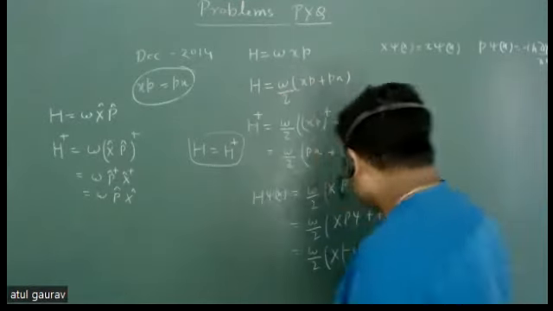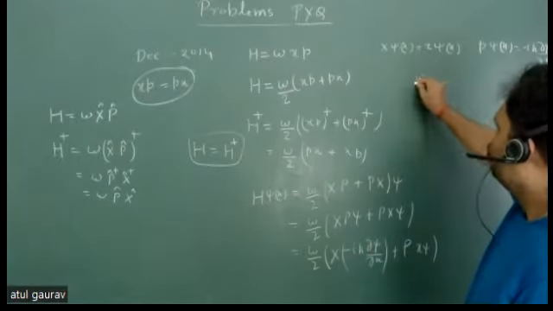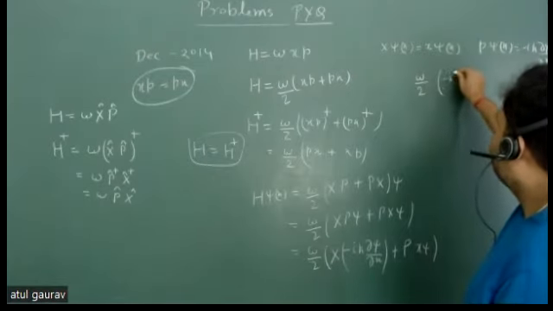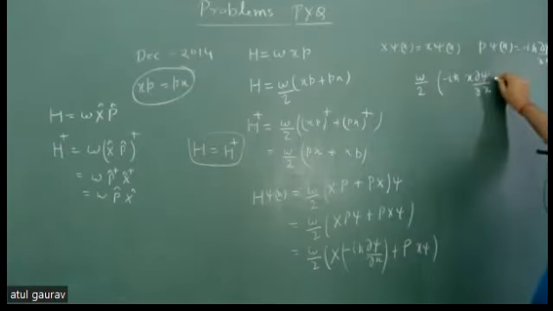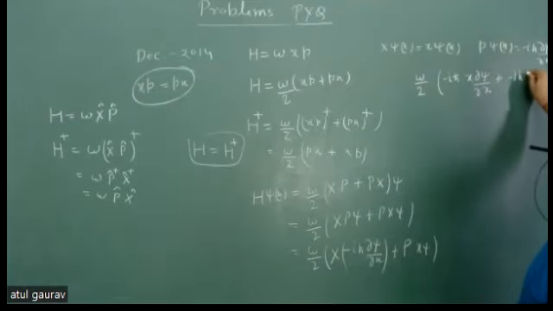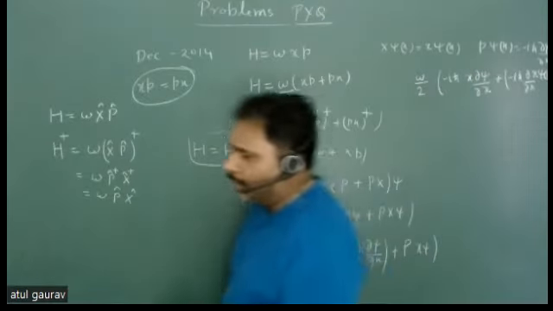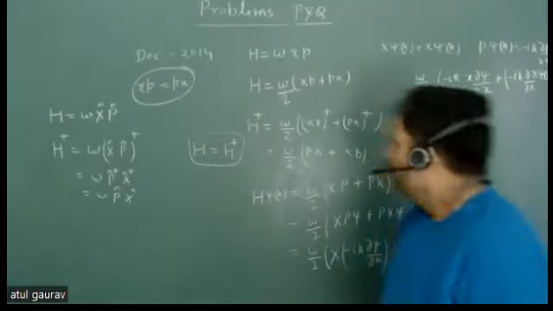Now x will operate on this, and you will get omega upon 2 and minus i h cut, which I can take out. This will be x del psi upon del x, and here we have minus i h cut del upon del x operating on x psi. You remember we did this when we did the commutator.